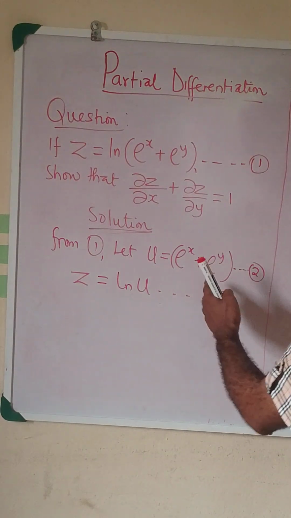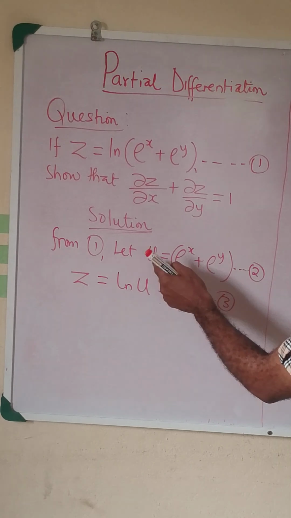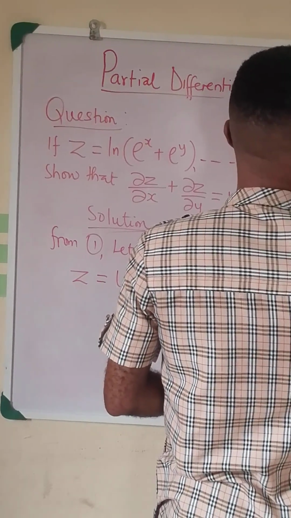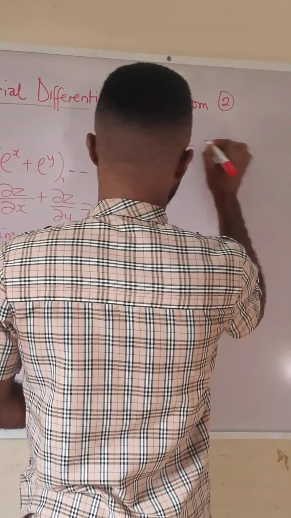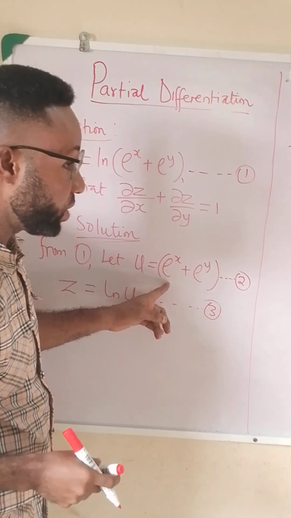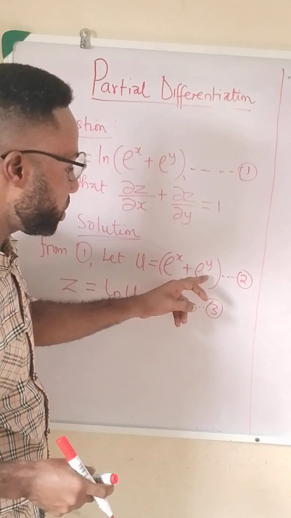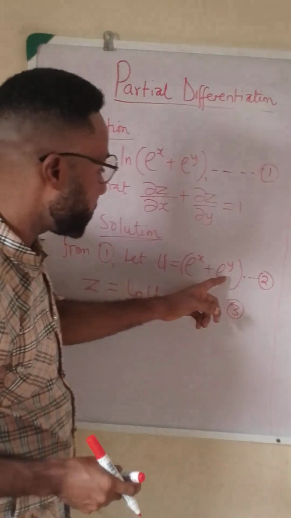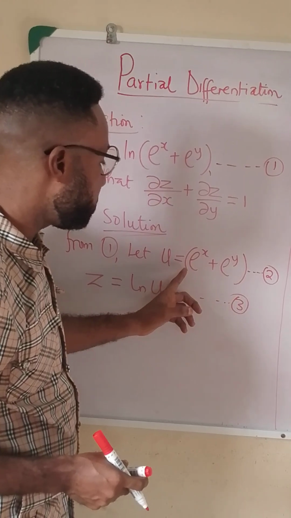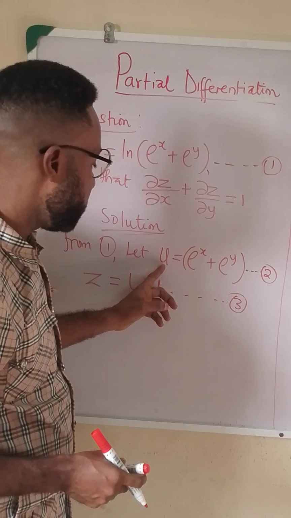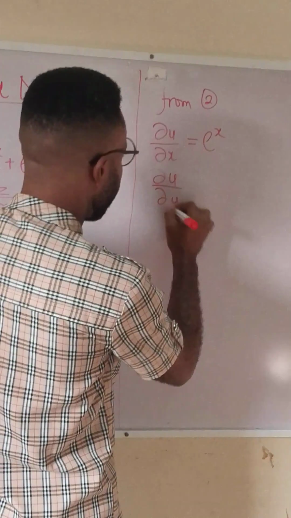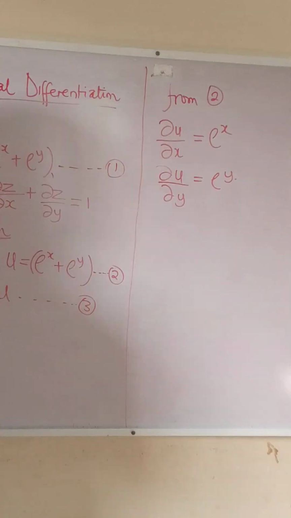From equation 2, differentiating u partially with respect to x gives us e^x. Note, we are not going to consider e^y here, because it is not multiplied by e^x. Similarly, differentiating u partially with respect to y gives us e^y.